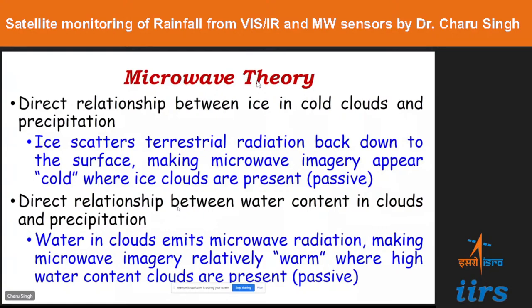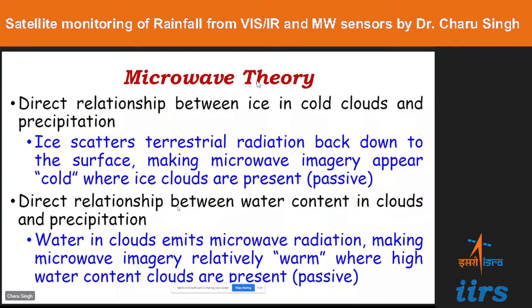Suppose you are given the microwave images for the high frequency channels as well as for the low frequency channels. Low frequency channels are generally used to measure the emission from the water content within the cloud that emits the microwave radiation.